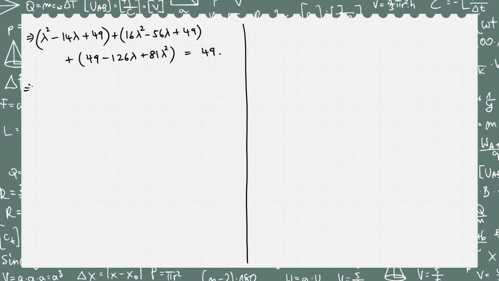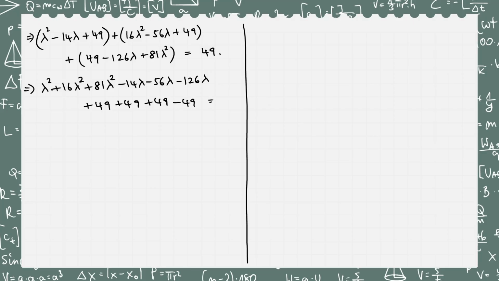So let us remove the brackets and simplify them. Lambda square plus 16 lambda square plus 81 lambda square minus 14 lambda minus 56 lambda minus 126 lambda plus 49 plus 49 plus 49. All are 49s here. Minus 49 equal to 0.